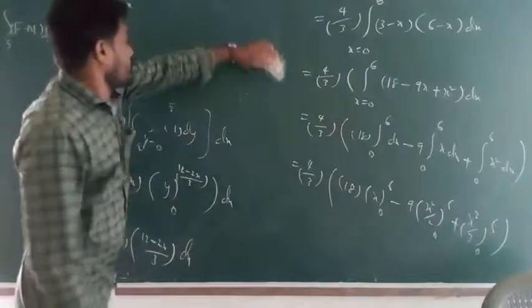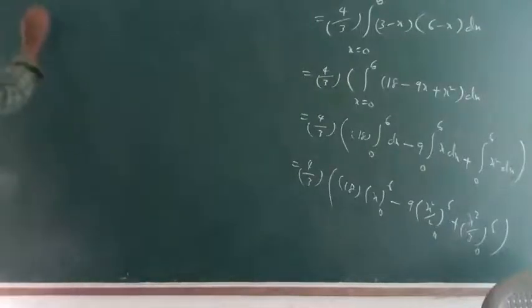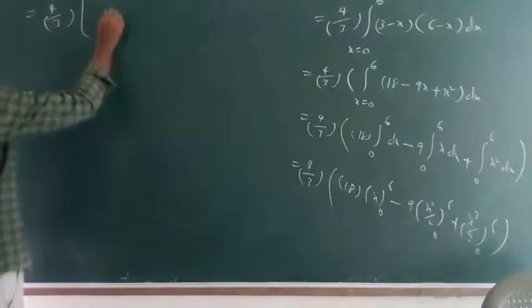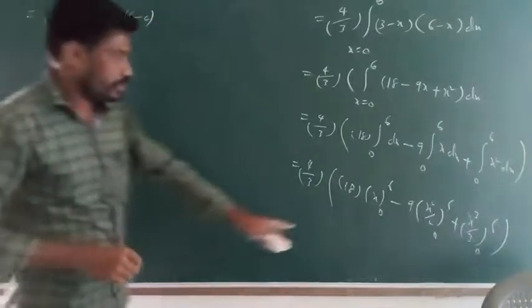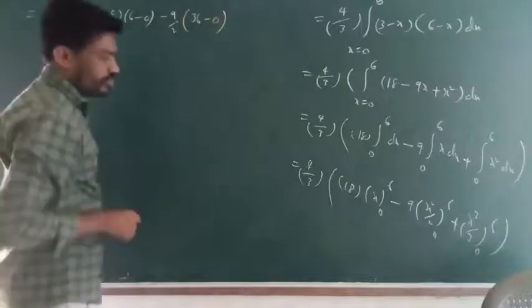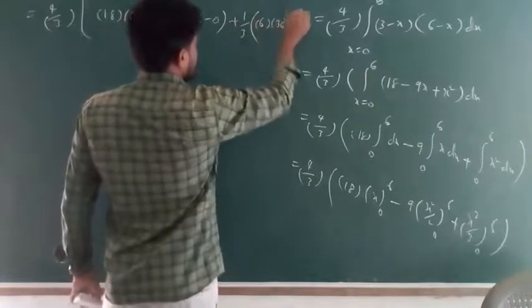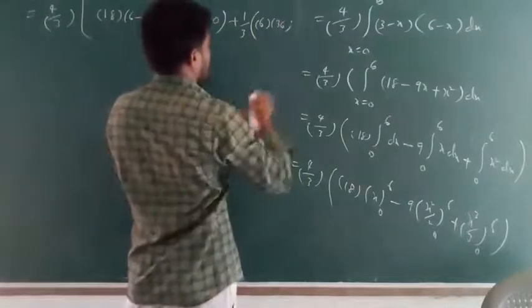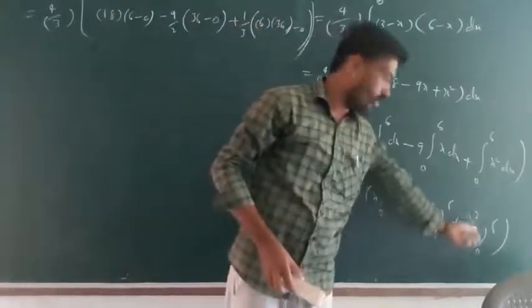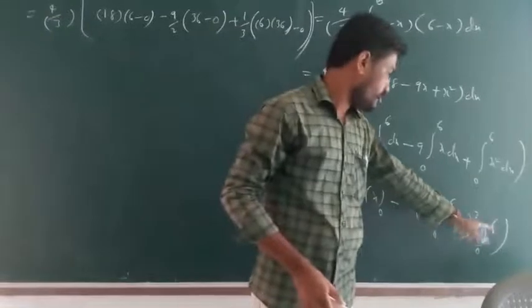For each term, take upper limit minus lower limit: 6 minus 0 for x, 6 square minus 0 square for x square, and 6 cube minus 0 cube.